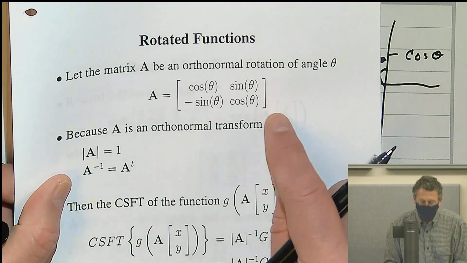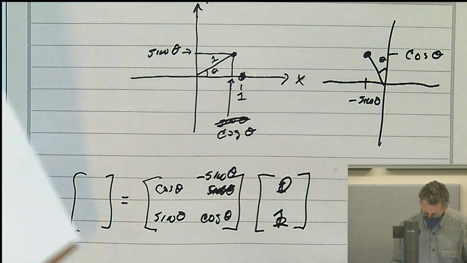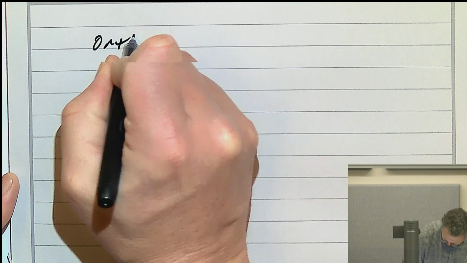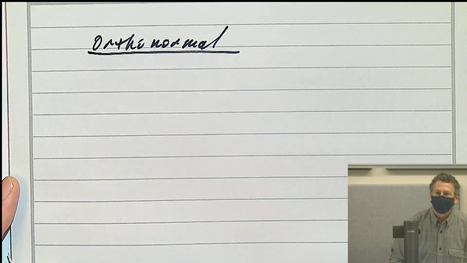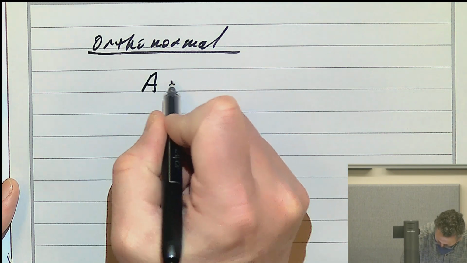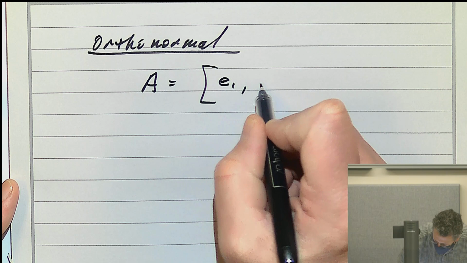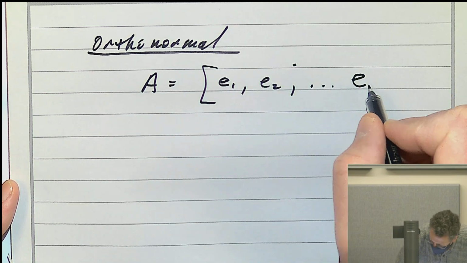It actually turns out that there's another thing you can do. This matrix is what's called orthonormal. Orthonormal means that A is a matrix, and you have columns E1, E2, up to EK.